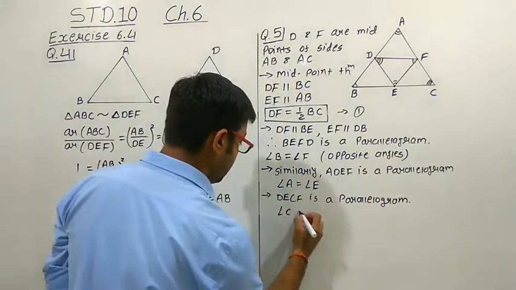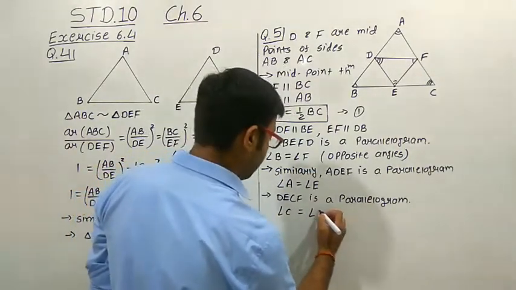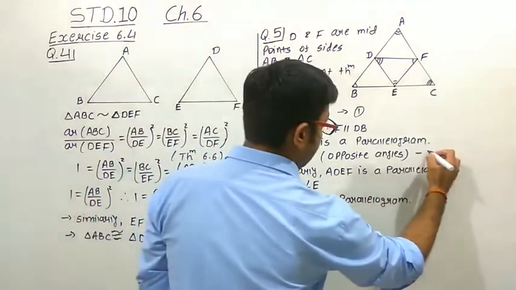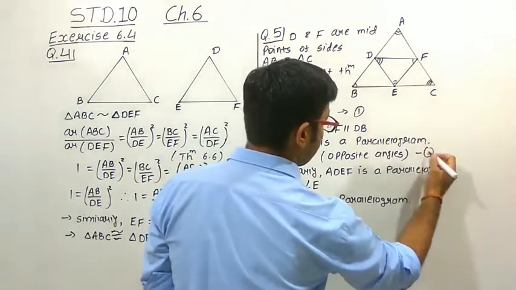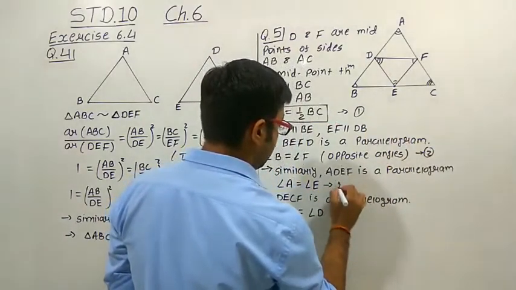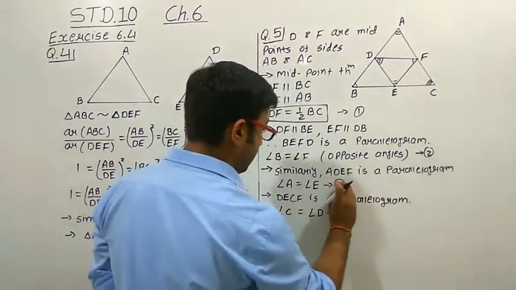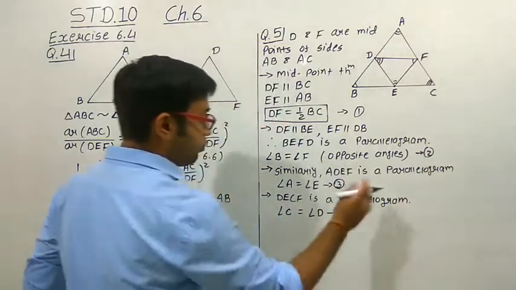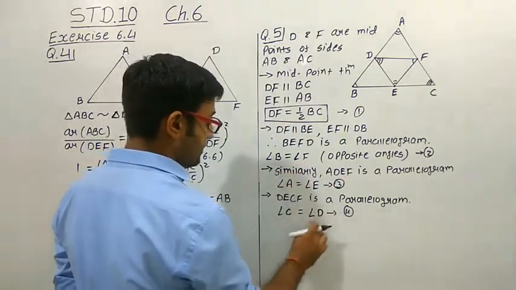Give these equation numbers 2, 3 and 4, because 1 is already there. So in equations 2, 3 and 4, angle B is equal to F, angle A is equal to E, and angle C is equal to D.